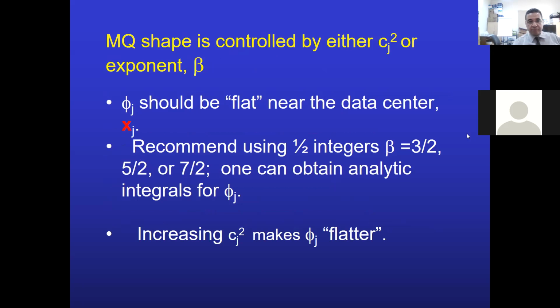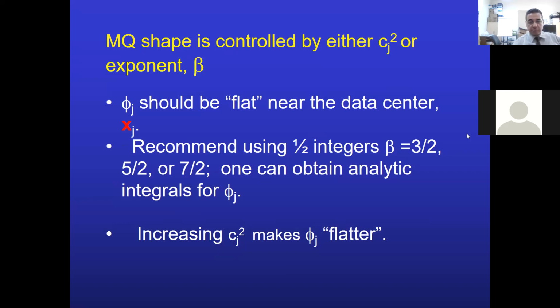Now, I showed previously what the basis function is. It's also influenced by the shape parameters C sub j or the exponent. So basically you'd like to have the basis function be flat near the data center.